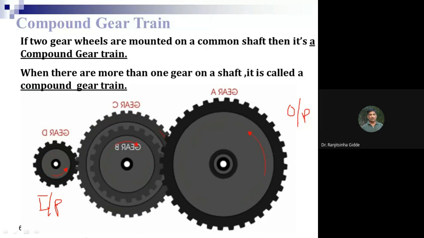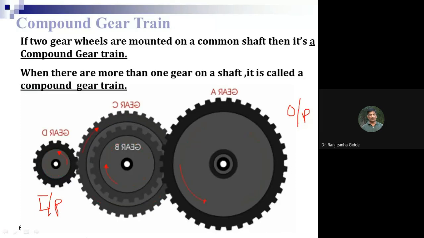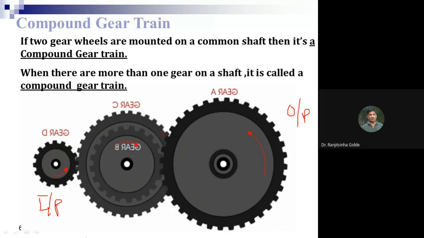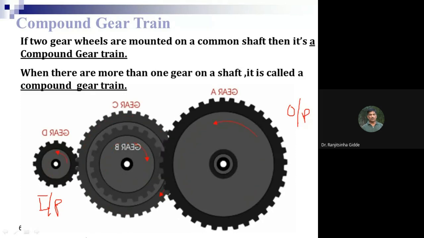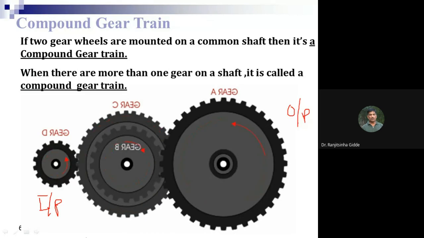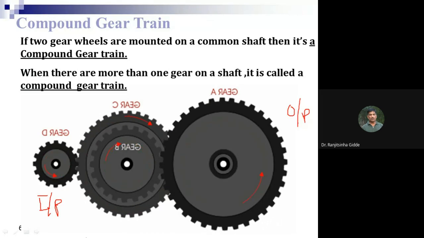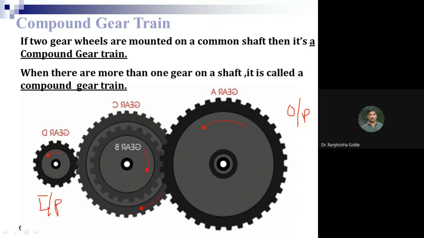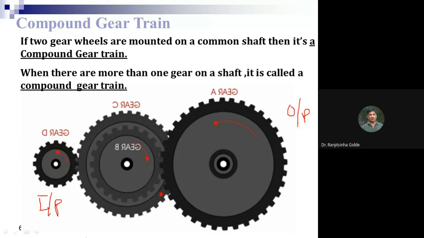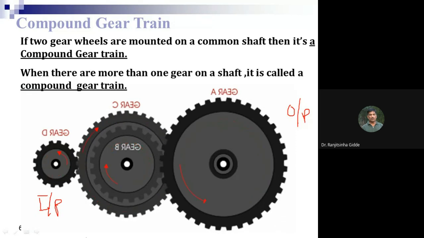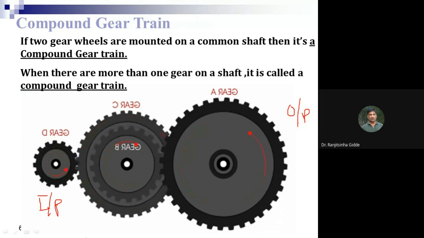Now where does it have application? Automobiles, right? Whenever a vehicle is running on a plain road, there we need to increase the speed, and wherever the vehicle has to climb or is moving in hilly terrain, the vehicle needs more torque.